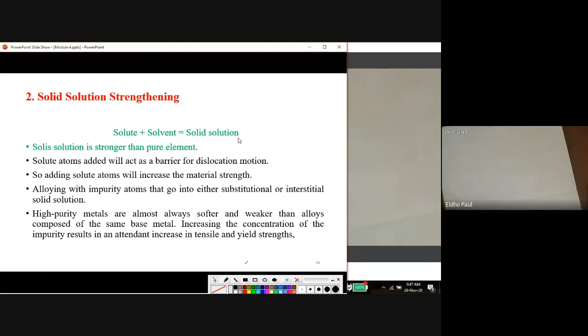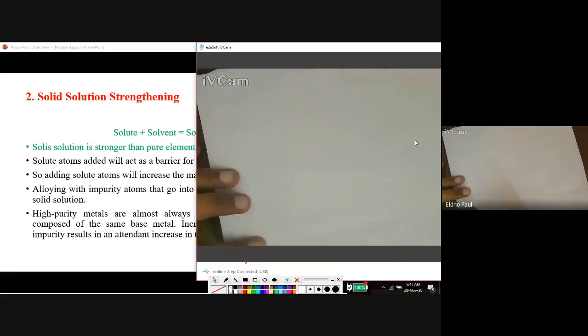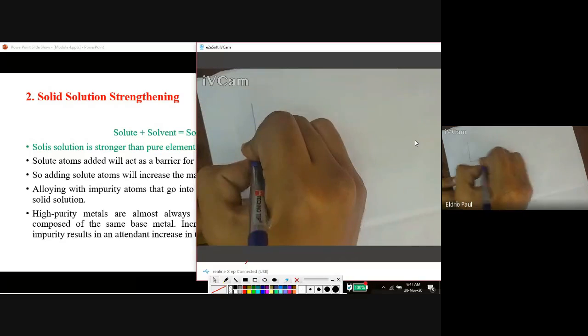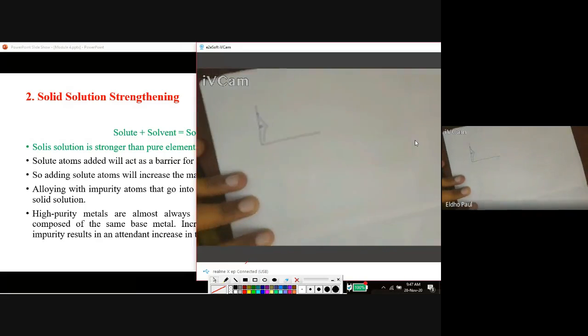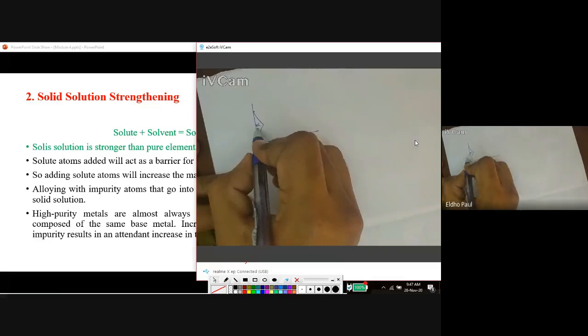Okay, so next one is solid solution strengthening. We already discussed what a solid solution is. In a solid solution, we have two components: one is solvent and the other one is solute. For example, in the iron carbon equilibrium diagram, in this region, we have alpha solid solution.